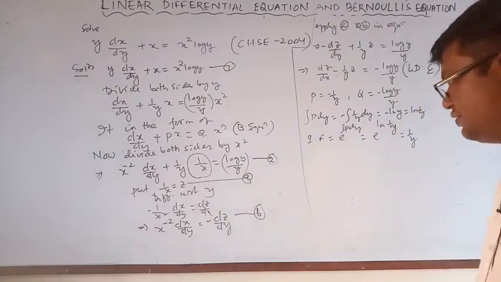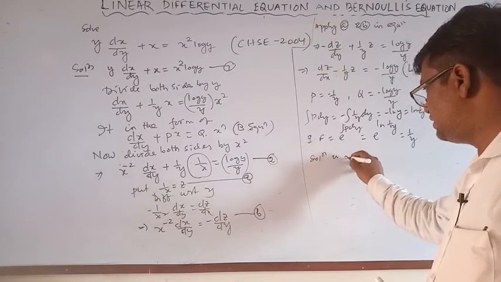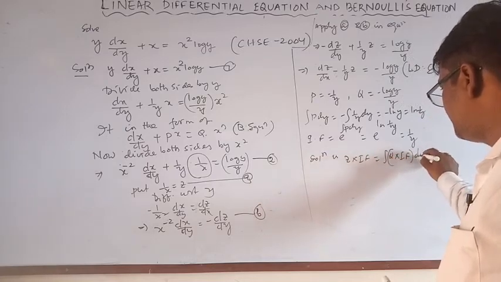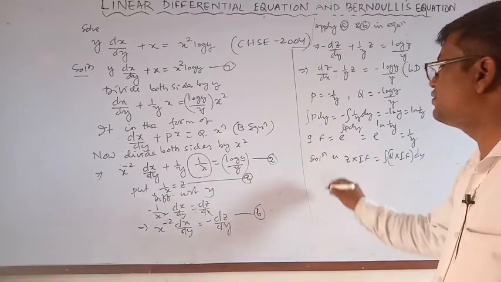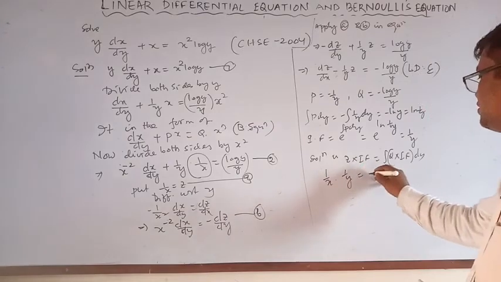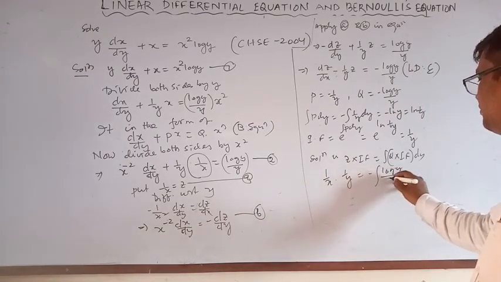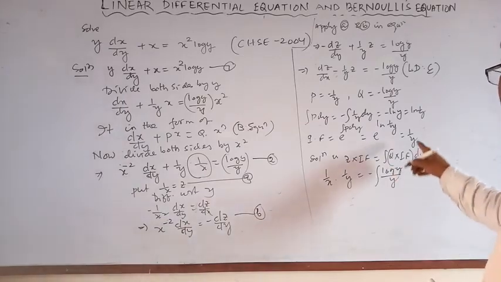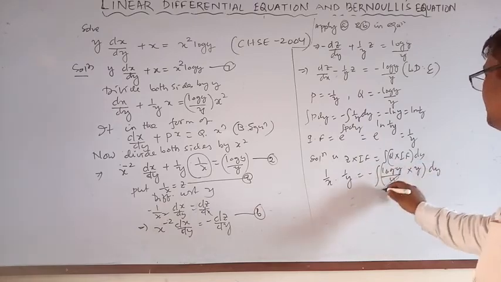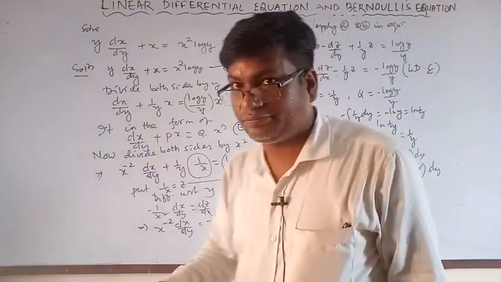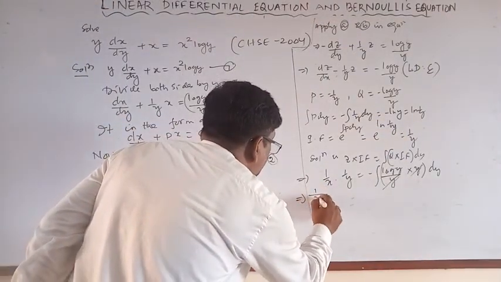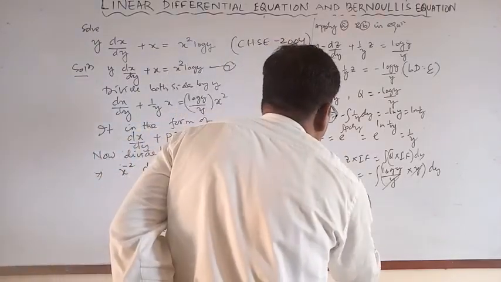Now the general solution is z times IF equals the integral of Q times IF dy. Here z = 1/x, IF = 1/y, Q = -log y / y. Then the y's cancel. So 1/(xy) = -∫ log y dy.